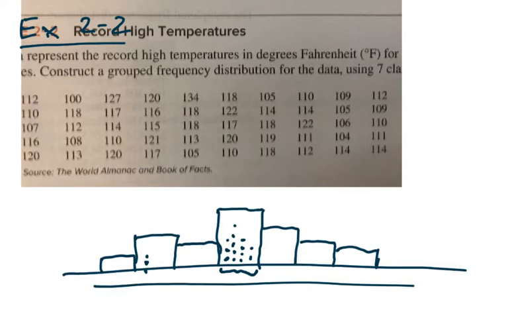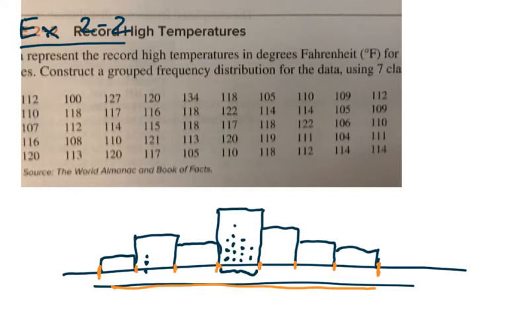So we're taking the whole interval at which all of the data is spread out across. So all of the data lives in this range here. We're going to be breaking this up into intervals that are all uniform in width. That means they're all the same width. And in this one, we're told we want to have 7 classes.